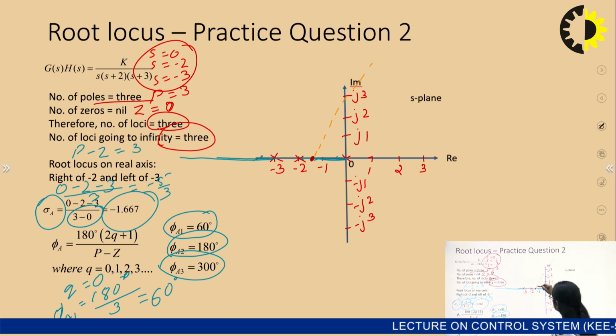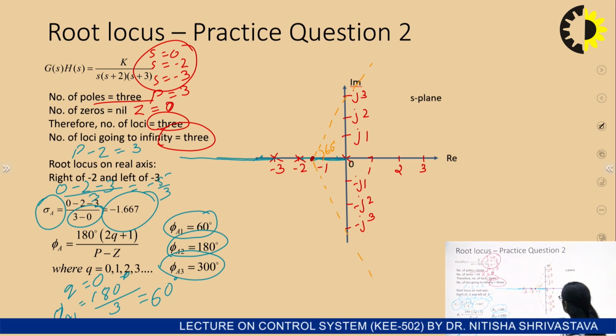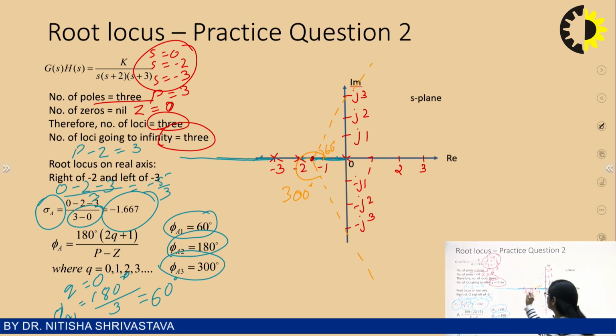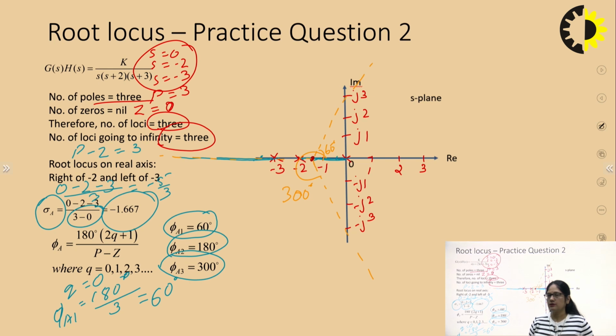Root locus is symmetrical about the real axis. This is 300 degree, and 180 degree is this line. So, these are the 3 asymptotes, at angles 60 degree, 180 degree and 300 degree. So, as we know that the root locus starts at an open loop pole.